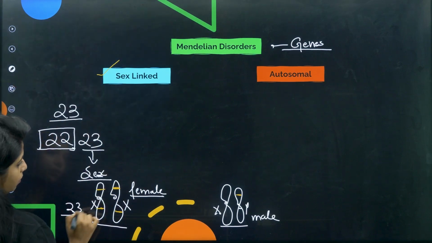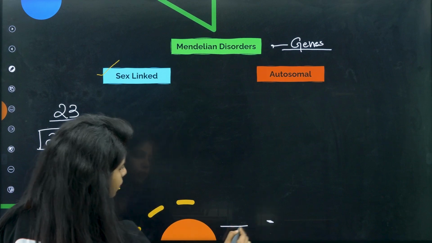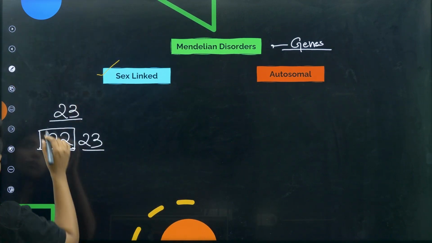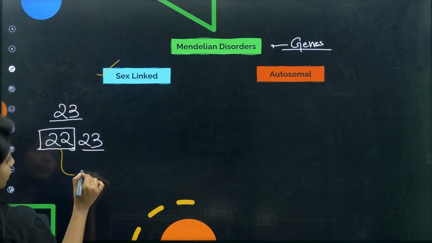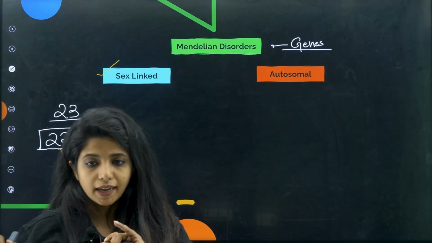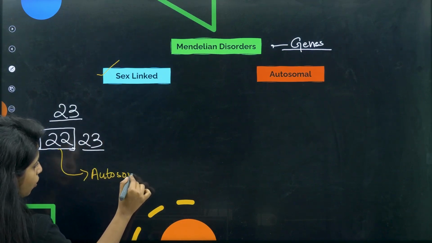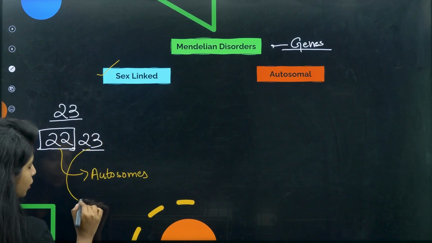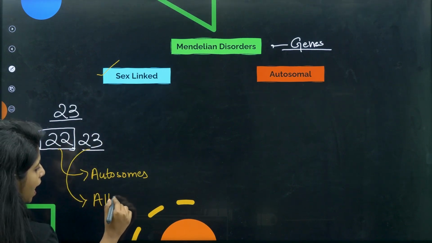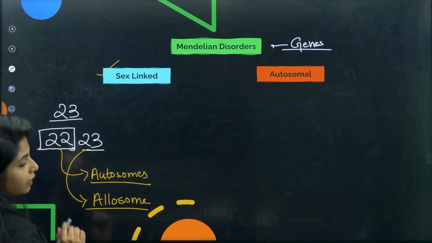Just give me a second, I'll write it here. The 22 pairs of chromosomes which are there for our normal physical characters but do not define our sex are known as autosomes. Whereas the 23rd pair, which is responsible for determining our sex, is known as allosome. So these are autosomes and these are allosomes.